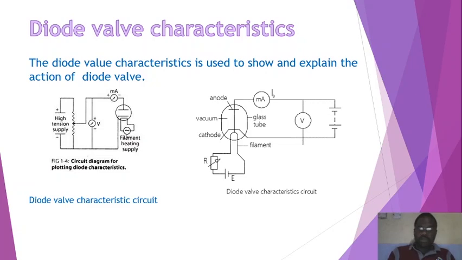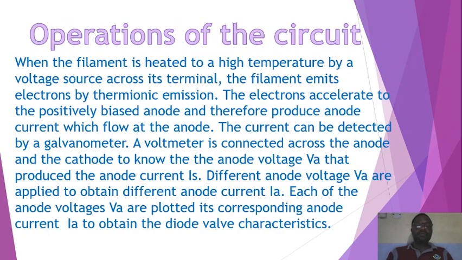Now let's look at the curve. Okay, before the curve, we discussed the operation briefly. When the filament is heated to a very high temperature by a voltage source across its terminal, the filament emits electrons by thermionic emission. The electrons accelerate to the positively biased anode and therefore produce anode current, which flows to the anode. We said that the current can be detected by a galvanometer.